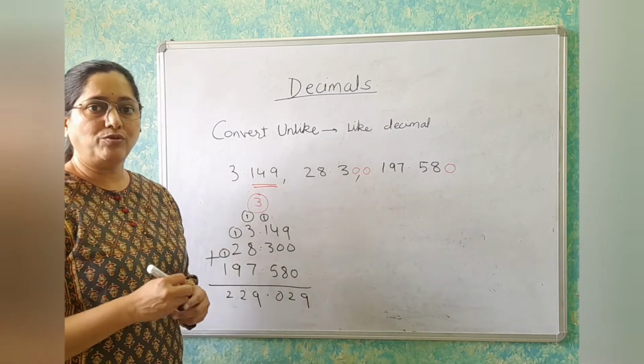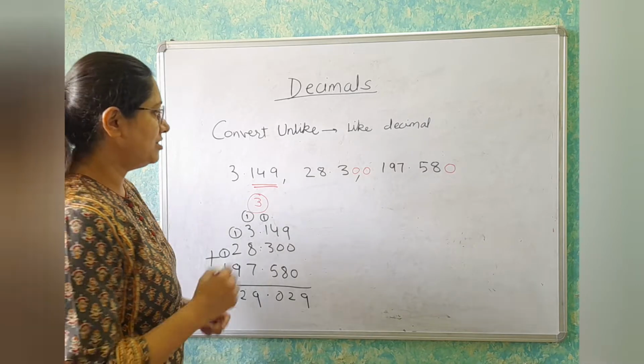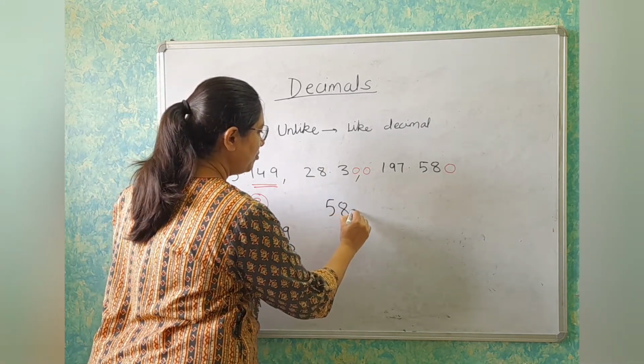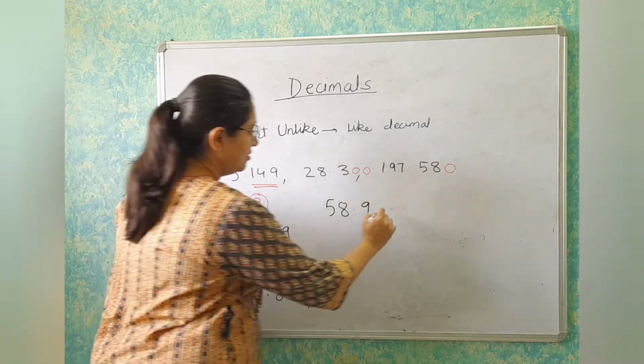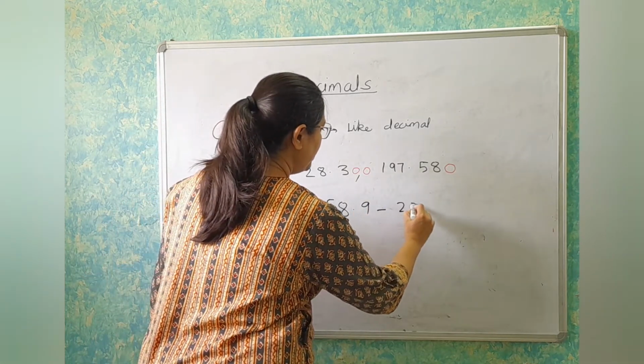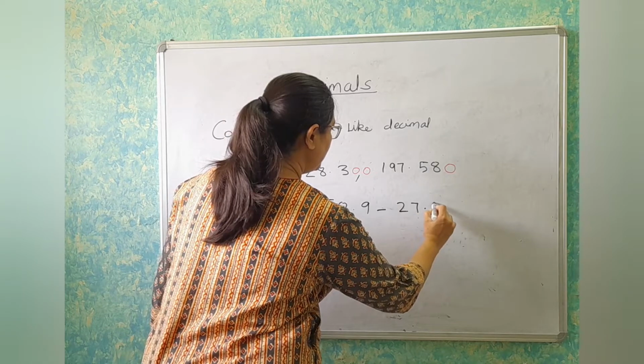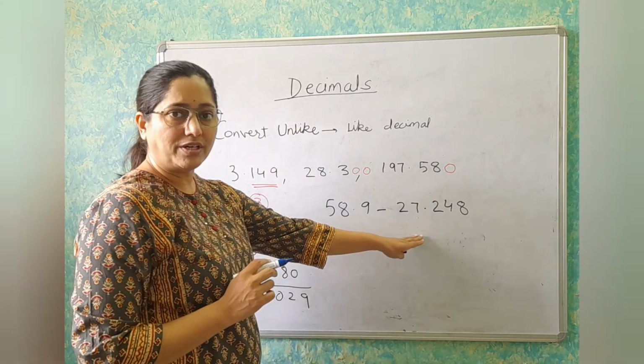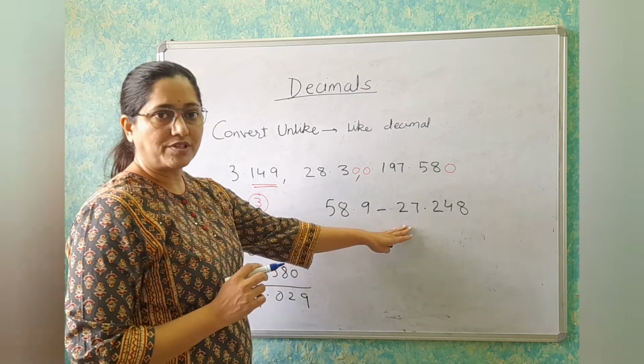Now we will learn how to subtract unlike decimals. For example, 58.9 minus 27.248. See, these are two unlike decimals and we have to subtract them.